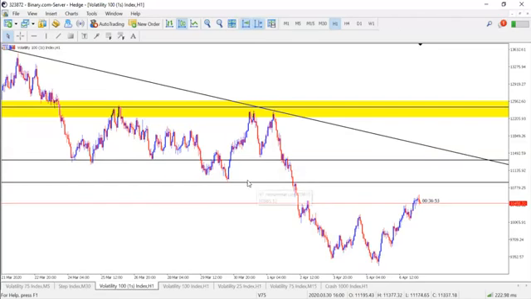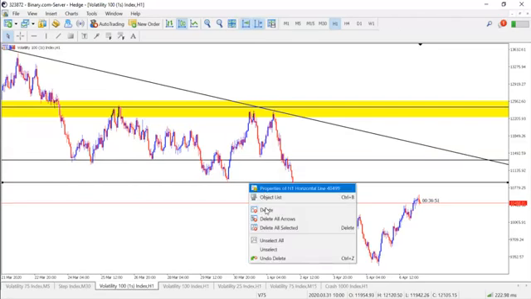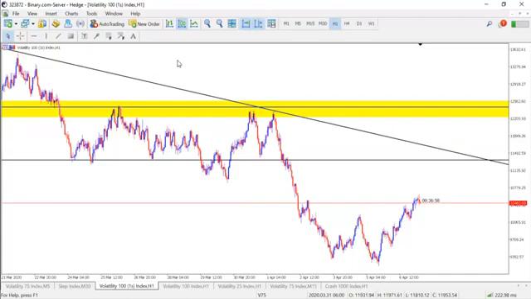So which one do we look at? We look at where price has been supported most of the time, right? So this is an important level as well, and it might have an effect in future.